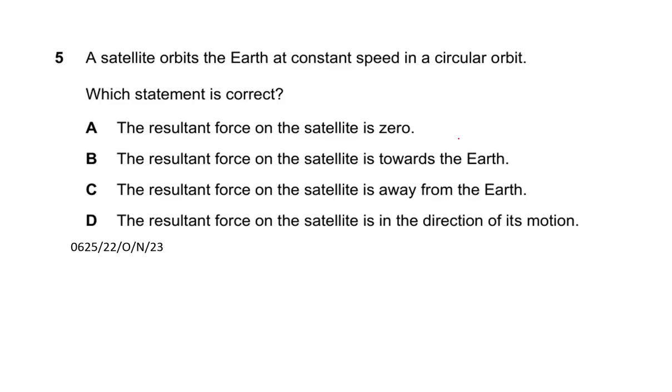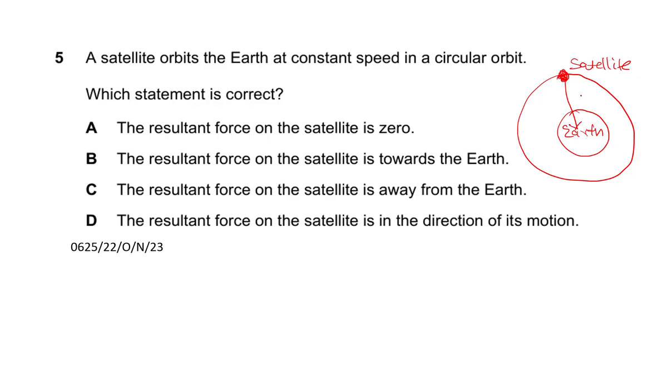Then next one. Again, this one is based on, if an object is moving in a circular path, which direction will be the resultant force? So the direction of the resultant force will always be towards the center. This concept you can apply. The concept is the same, the question will be varying. So if Earth is here and the satellite is orbiting Earth, you can see the resultant will be towards the center of the Earth.